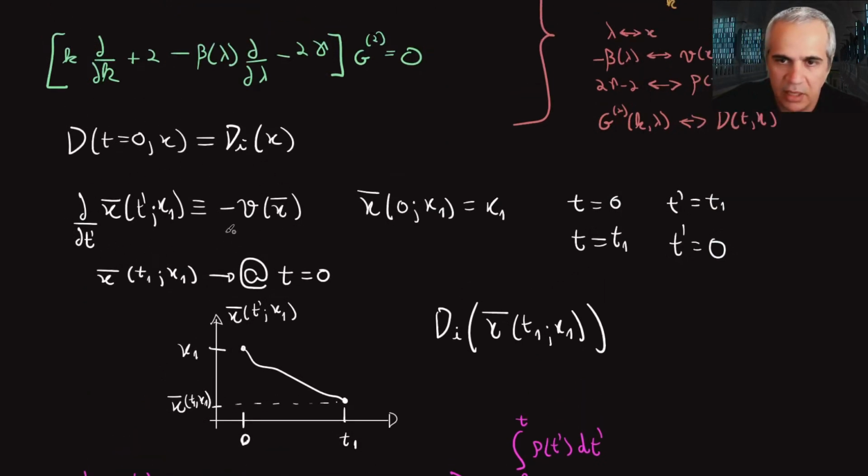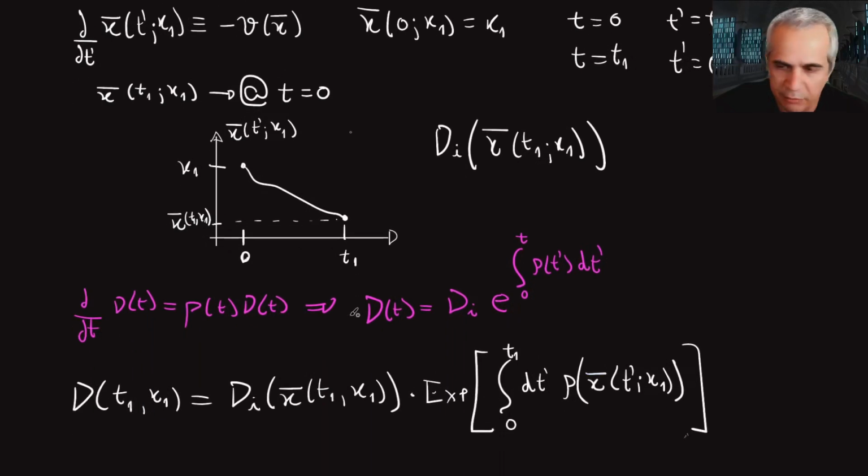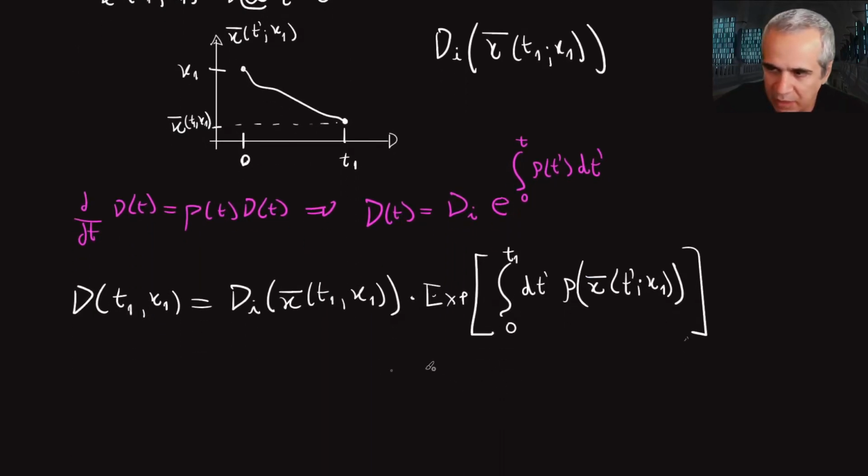And if we want, we can write the same equation in this way, so we can use that dt prime is equal to minus 1 over v of x bar prime, let's call this x bar prime, because it will become an integration variable.